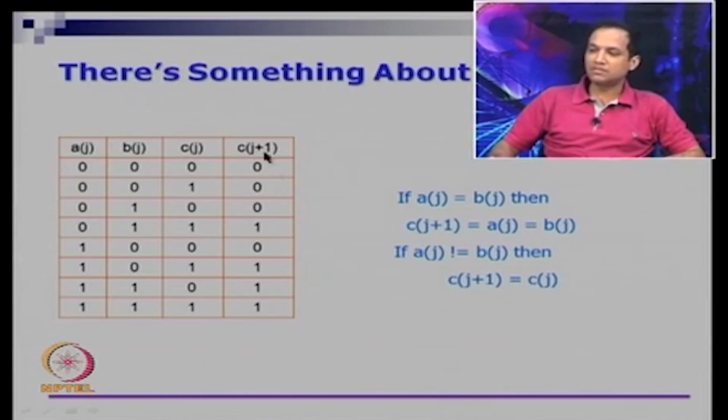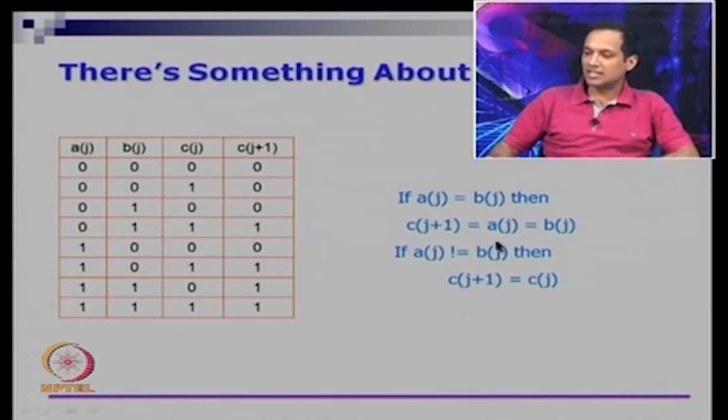This is essentially the truth table for a full adder's carry circuit. The most interesting thing about this is the condition I have written here: if a and b are the same, c of j plus 1 is actually either a or b itself. However, if a and b are not the same, then c of j plus 1 is c of j.